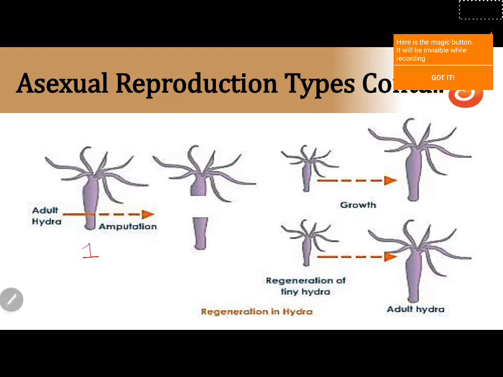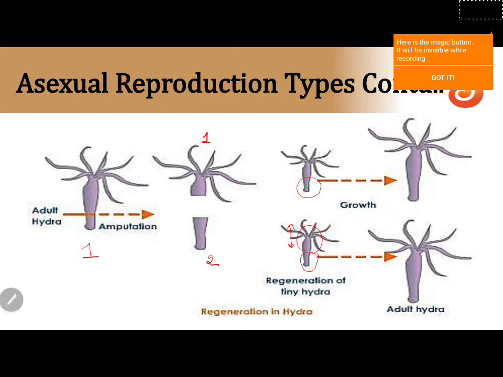Amputation means cut. Then if I take them as two parts, the first part has regenerated the lost part. The second part has regenerated the lost part. This is the lost part.